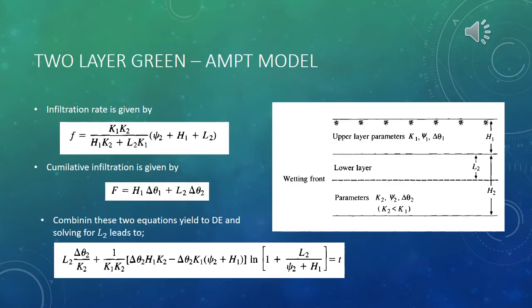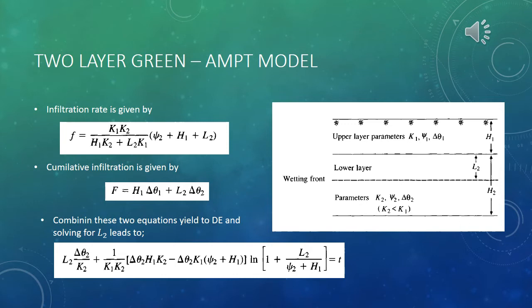Before we jump to any example to solve, let's go through the Green-Ampt model again, but for two layers. We know that soil is constructed of layers. One layer may consist of clay, the other one of silt. So it's layer by layer. That's why we need to apply the multiple layer Green-Ampt model.